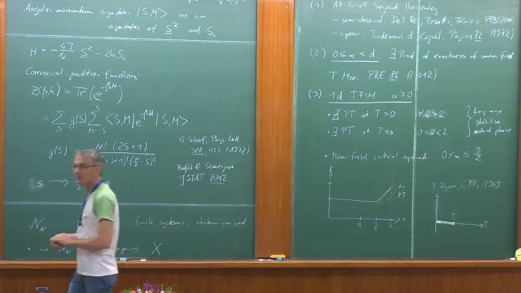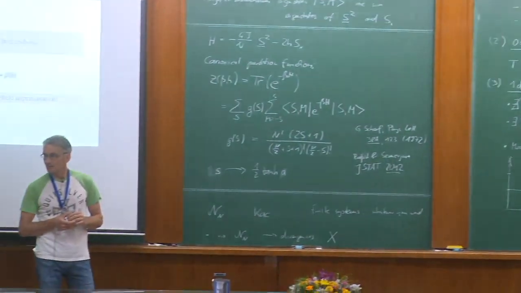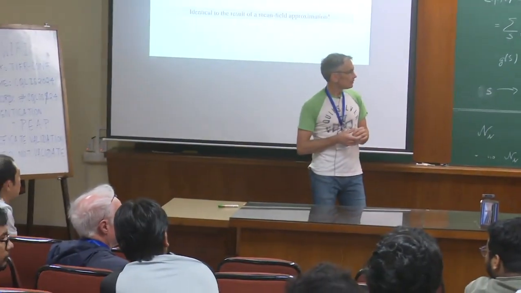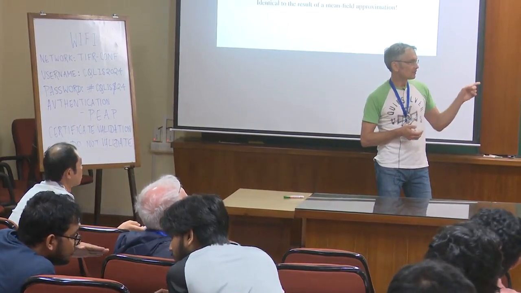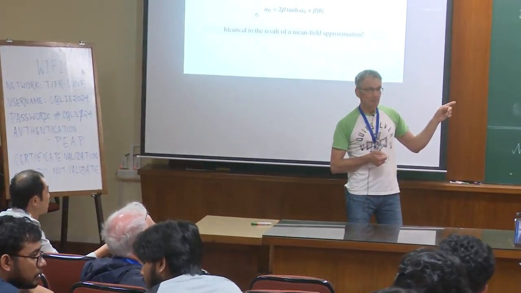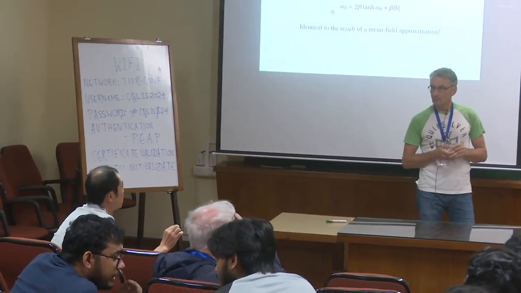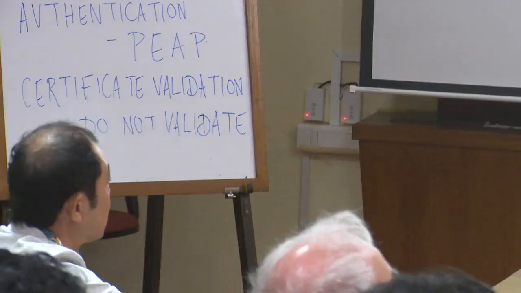Large gamma implies a strong singularity at the critical point, so the response is strong. But no phase transition means no divergence, so this response is weak. So I expect that gamma goes down. This may well be.